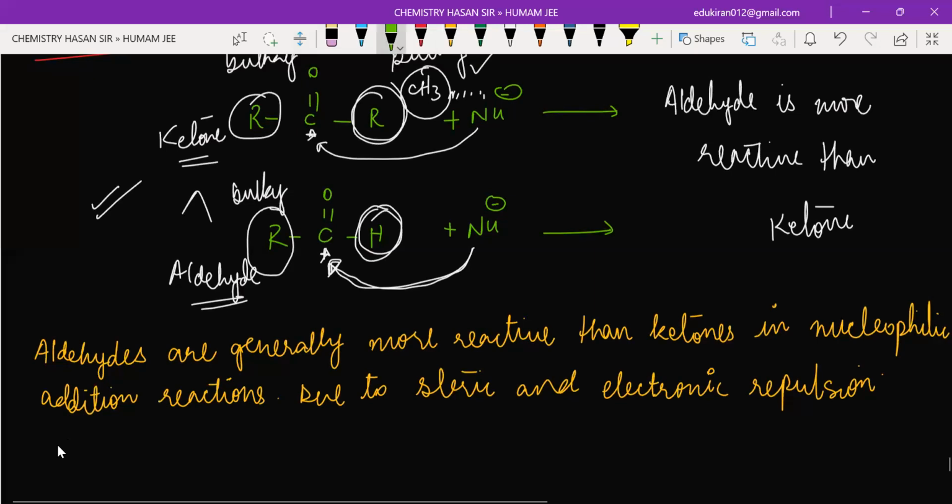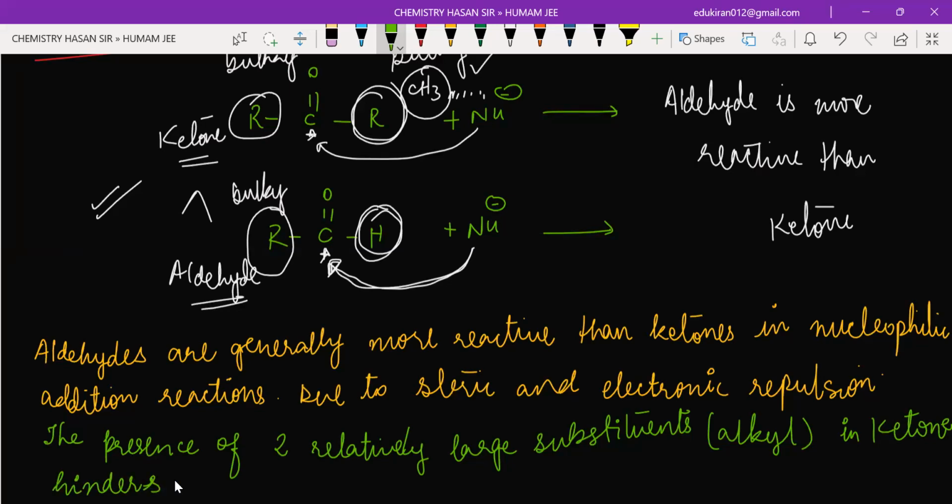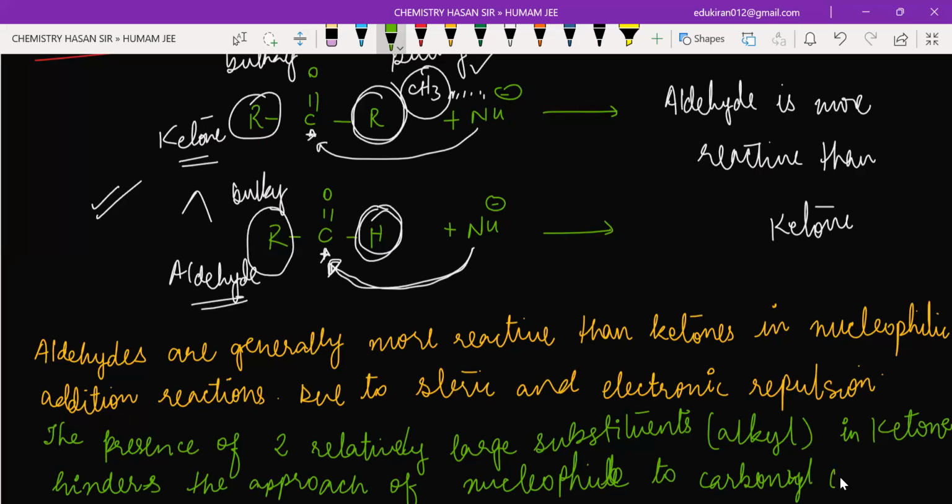Or you can write: the presence of two relatively large substituents, that means the alkyl groups we are talking about, in ketone hinders the approach of the nucleophile to the carbonyl carbon than in aldehydes.